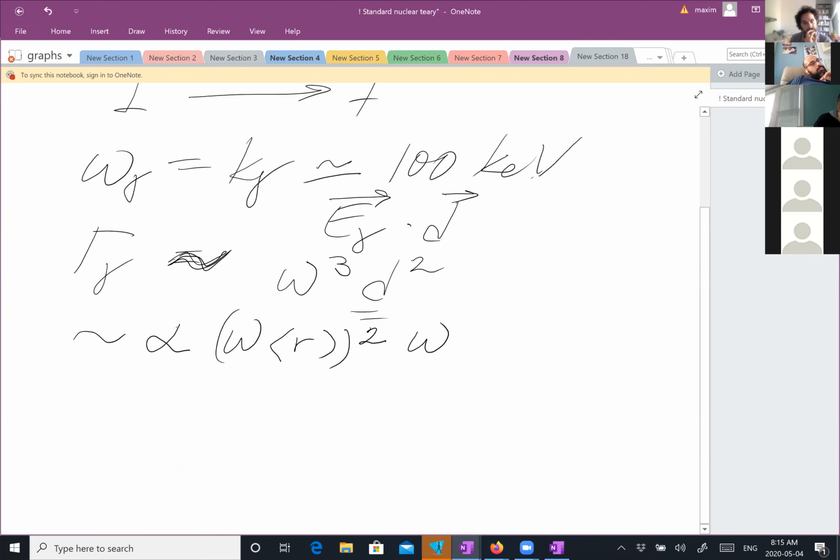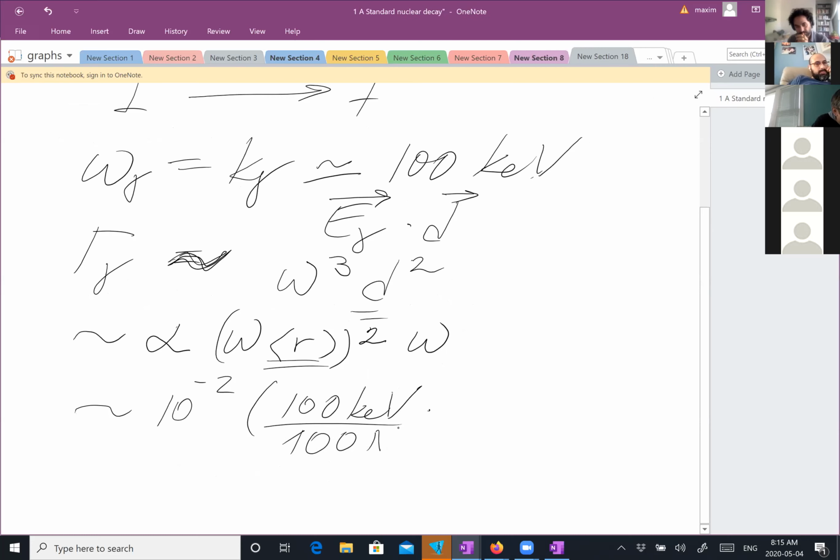So if I continue writing this, then I get 10 minus 2. Then the transition frequency is 100 keV. Let me just very crudely take this R over here to be like, say, half a Fermi, in which case this is going to be 100 MeV to the factor squared times another 100 keV, right?